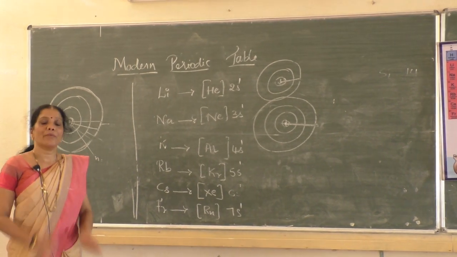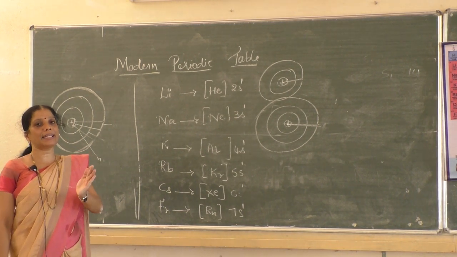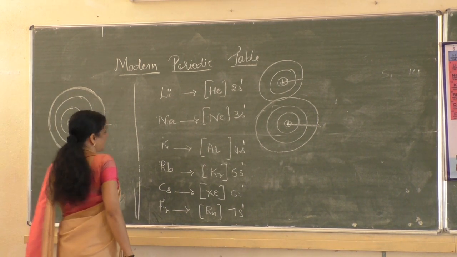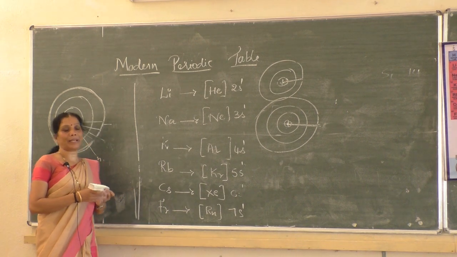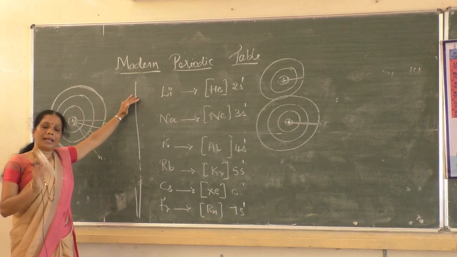Dear students, we have to study now the last periodic property, that is metallic and non-metallic properties. Now metallic and non-metallic property, that is another periodic property given in your textbook. Let us complete that now.